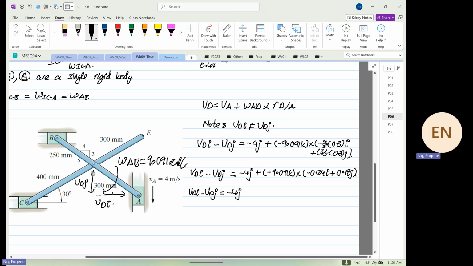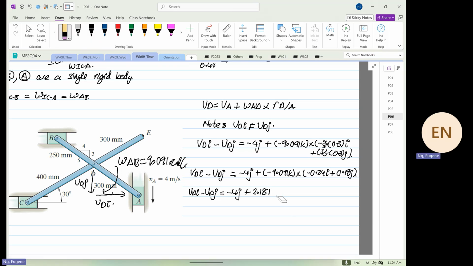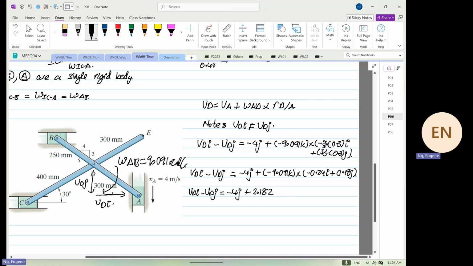K cross I is positive, so this will be positive J. So 9.091 times 0.24 is 2.182. K cross I is J. Okay. K cross J is minus I, negative, negative, and another negative is positive.